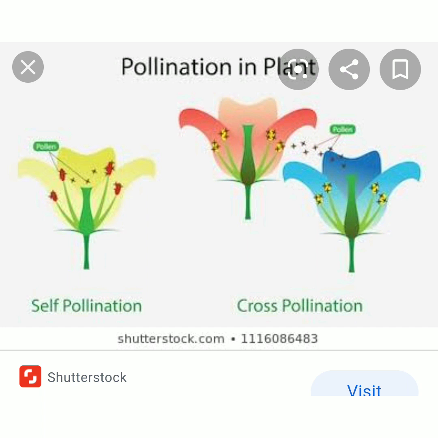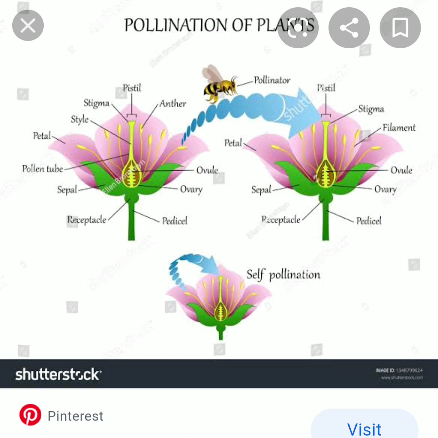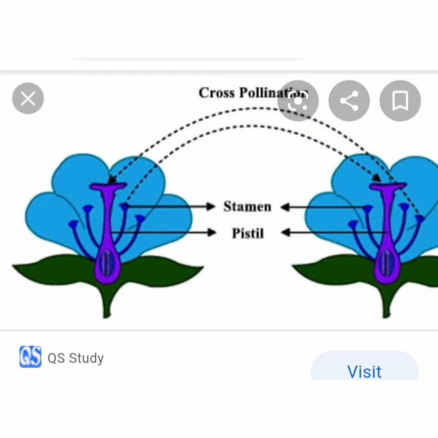Okay, these are the points that we have studied earlier. Now let's think of when pollination becomes effective. If the pollen grains of a pumpkin flower fall on the stigma of an ashgourd flower, what will happen? Nothing will happen. The pollen grain will be destroyed.